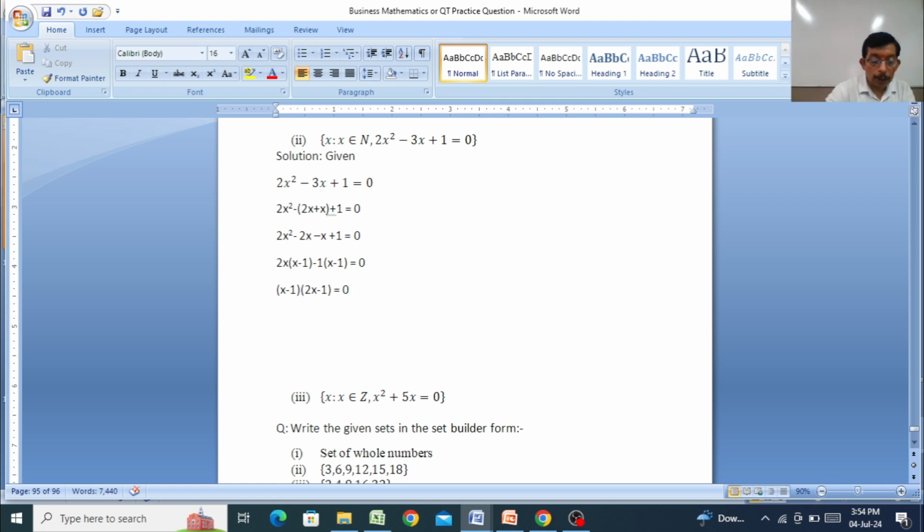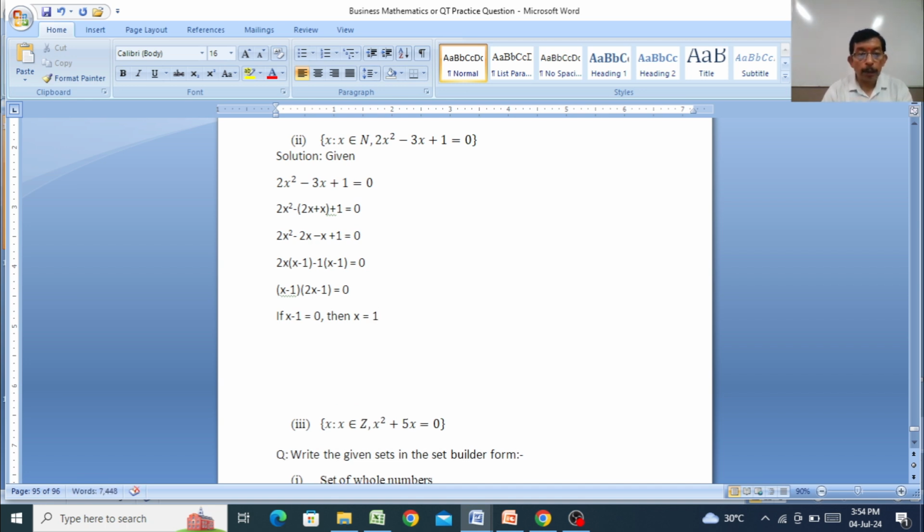Take the first factor. If x minus 1 is equal to 0, then x is equal to 1.